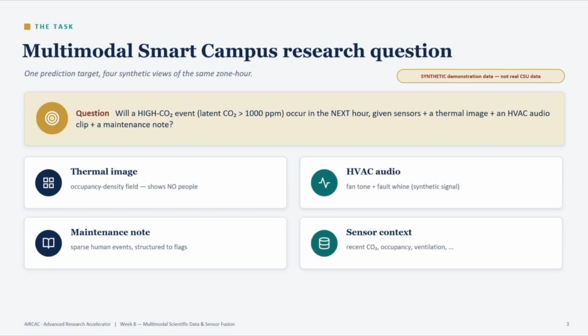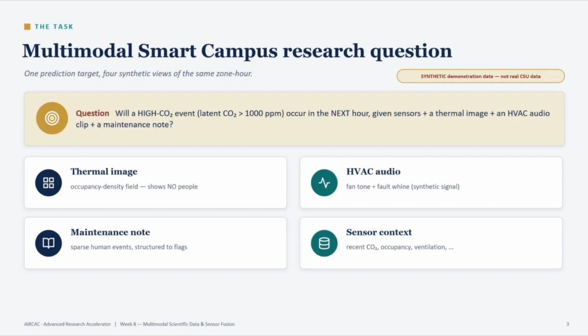Now let us make the research problem concrete. Our prediction question is: can we predict whether a new high CO2 event will occur during the next hour? And instead of using only one data source, we give the system four views of the same zone and the same period.